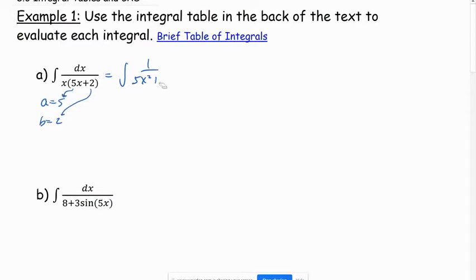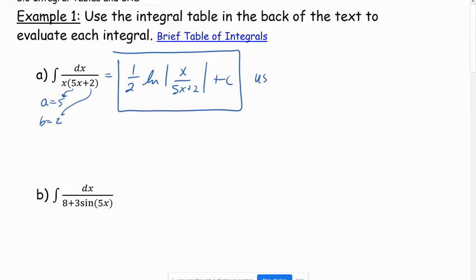According to that formula, the antiderivative is going to be 1 over b, so that's 1 over 2, natural log of the absolute value of x over ax plus b, so that's 5x plus 2, plus c. So that was using formula number 26 from the brief table of integrals in the back of your book.